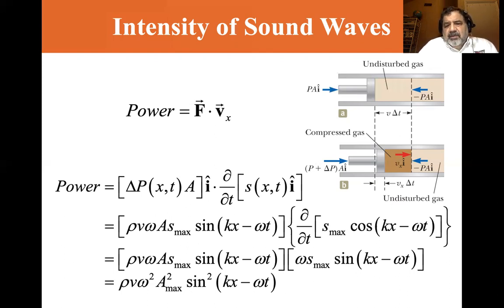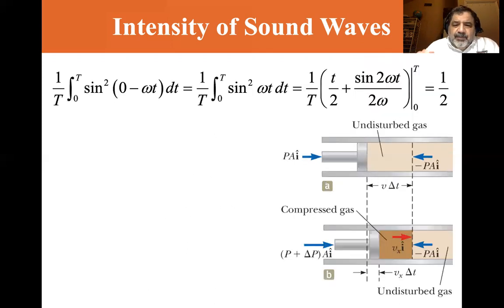The derivative of cosine is sine. And so you end up with rho v omega squared A squared sine squared(kx minus omega t). So the 1 over T, integrated from 0 to T of sine squared(kx minus omega t) dt is equal to 1 over T, integral 0 to T of sine squared omega t dt.